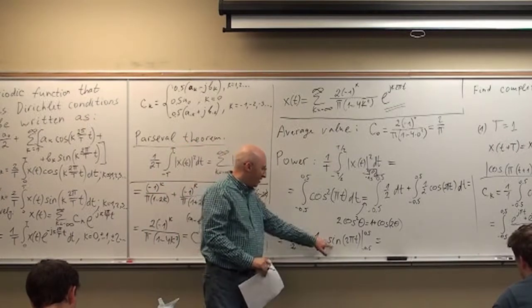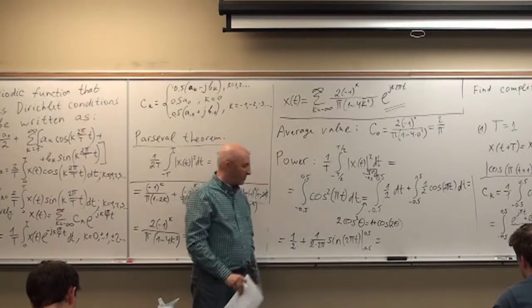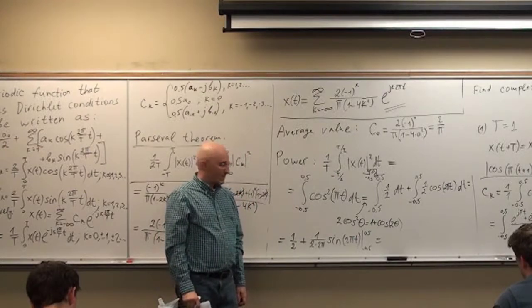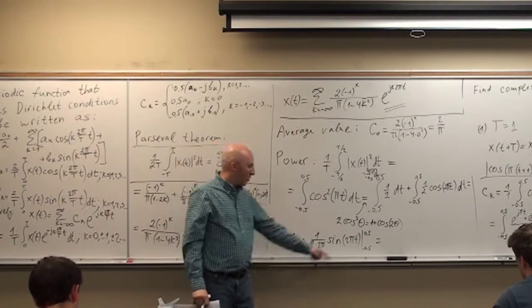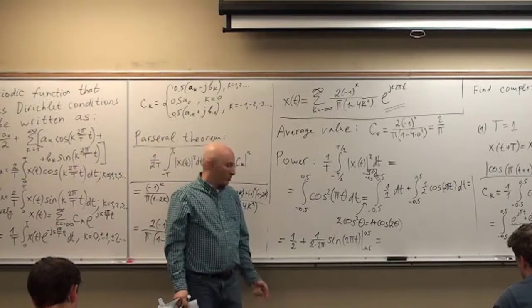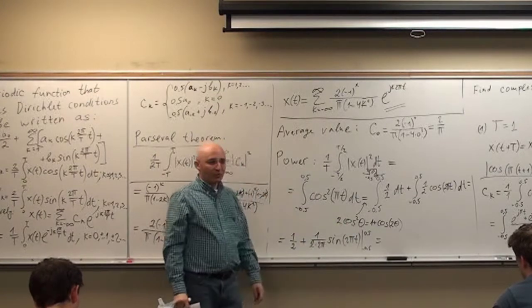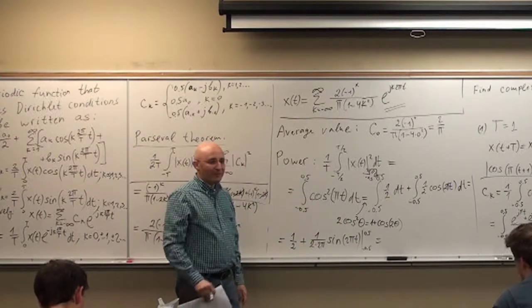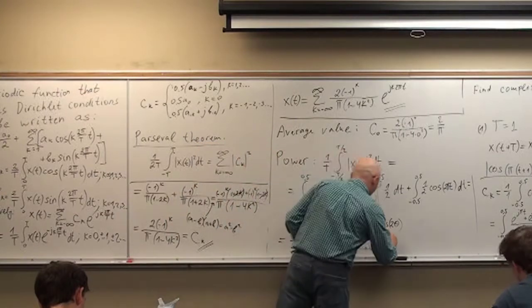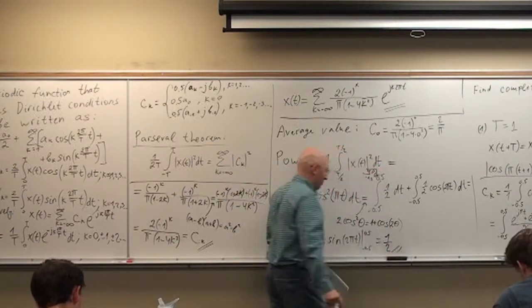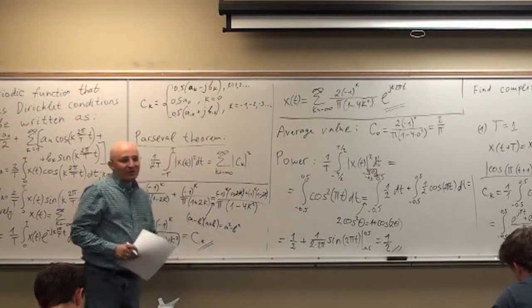What is sine of 2 pi times 0.5? Sine pi, which is 0. How about minus 0.5? Also 0, so all of that part is 0. What's left? 1/2. Exactly. That's it. It's not that horrible.